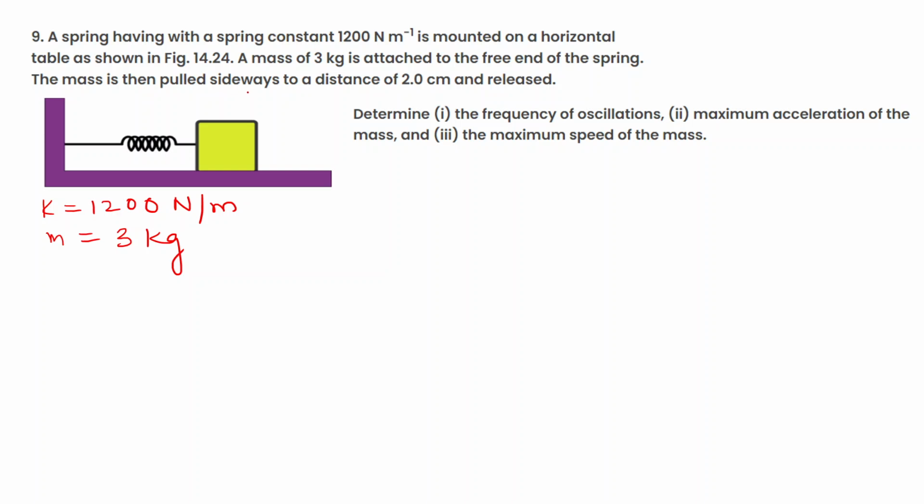The mass is then pulled sideways to a distance of 2 cm, so the displacement is made up to 2 cm and then the mass is released. Now we need to find out the frequency of oscillation, the maximum acceleration of the mass, and the maximum speed of the mass. So let's do these things one by one.